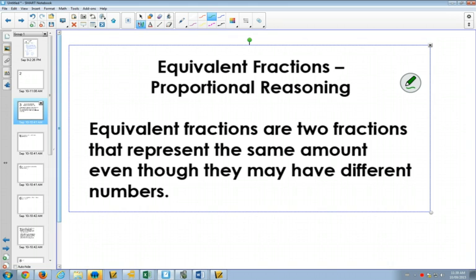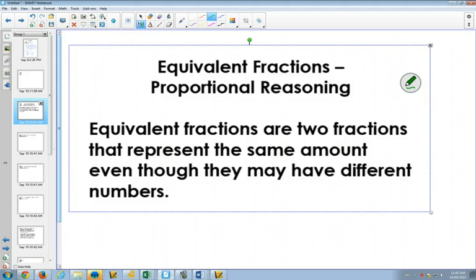Now, with this piece of paper, the first thing I did was I cut it in half, right? I took my whole piece of paper, I folded it in half. That gives me 2 pieces, and one of those pieces would be 1/2. Then I took that whole piece of paper and divided it into 4 pieces.